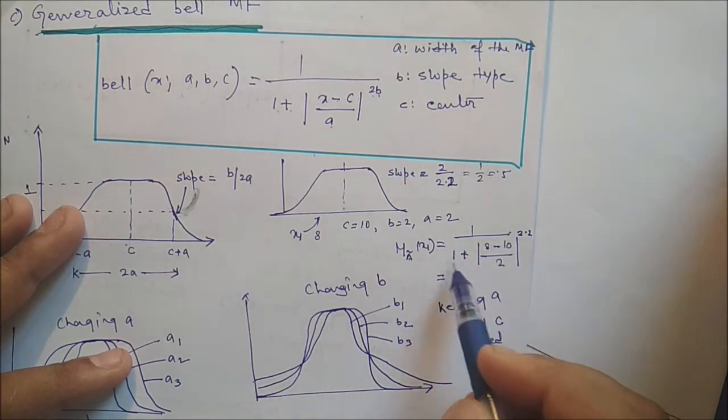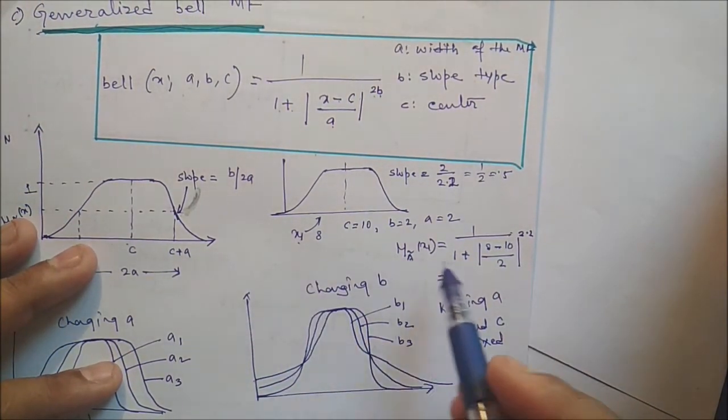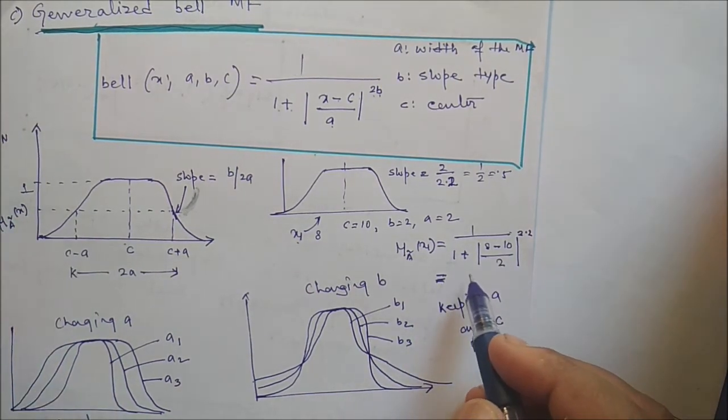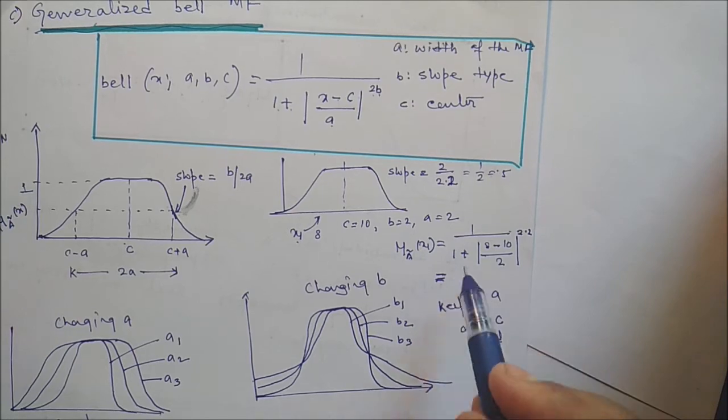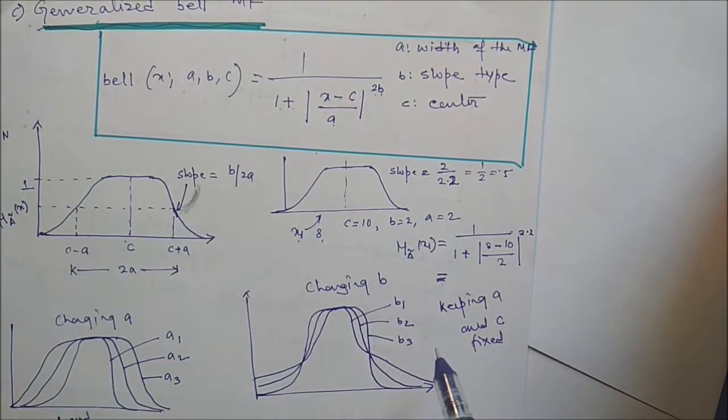You can solve it and get the membership value of x1. Write in the comment section what the membership value is for x1 if x1 is 8 for the generalized Bell-shaped membership function.